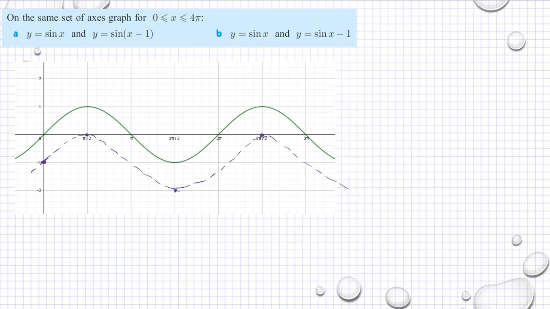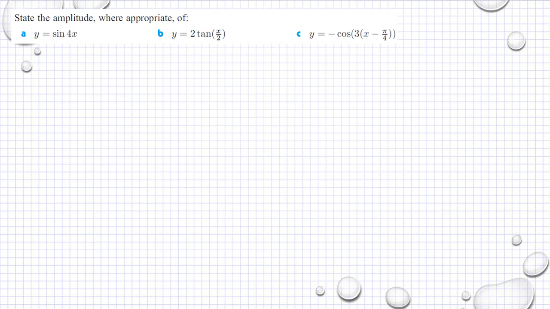It looks like that. Okay, next. State the amplitude where appropriate of, we have tangent and cosine there. I'm only solving for the sine. I will solve the tangent and cosine later when we have discussed them.